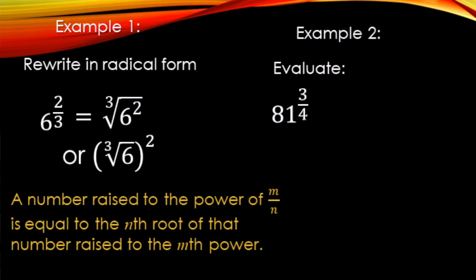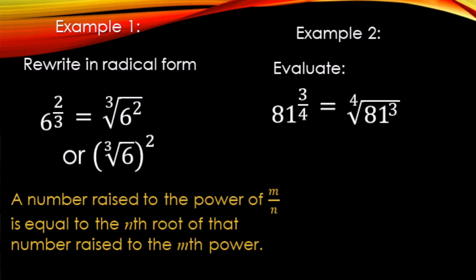Here, let's evaluate 81 to the 3/4 power. So we can rewrite this in radical form. So in this case here, we're going to have 81. It's the base for the exponential form, and it's going to be the radicand in radical form. And then we have an exponent of 3. So the numerator becomes the exponent, and then your denominator becomes the index. So now we can pull out a calculator.